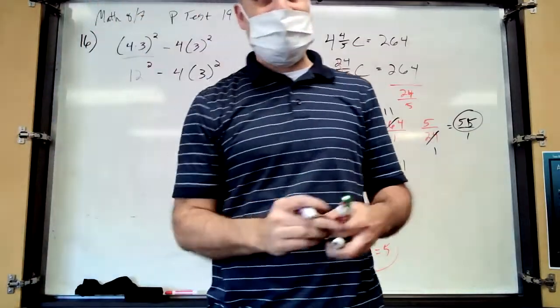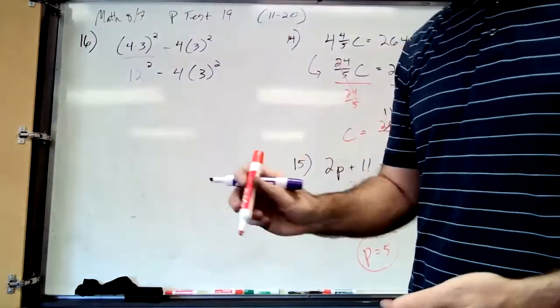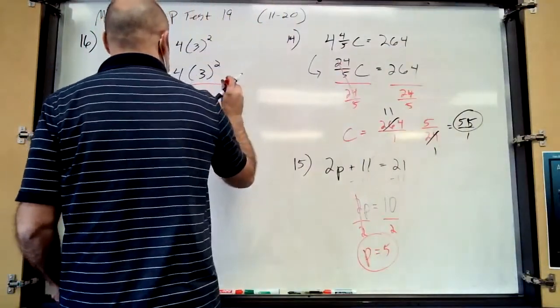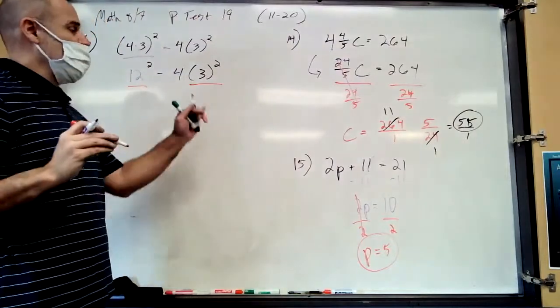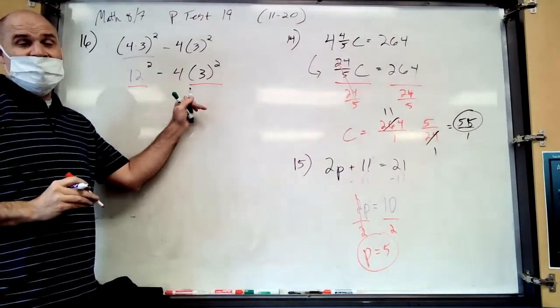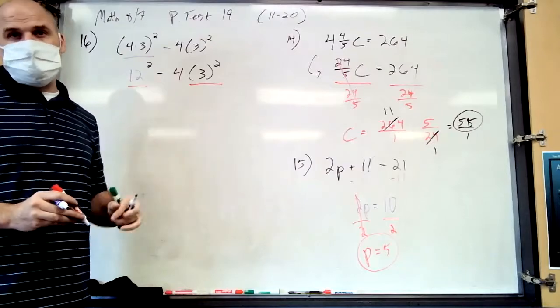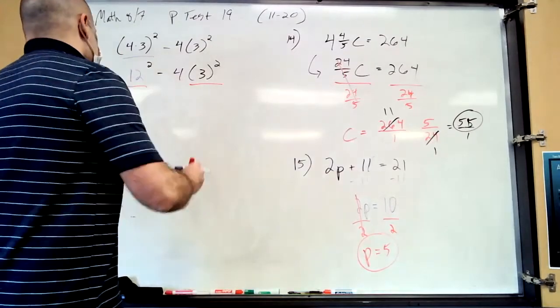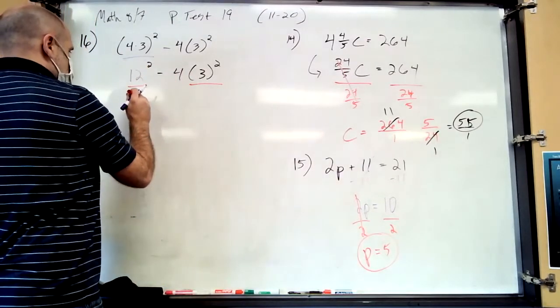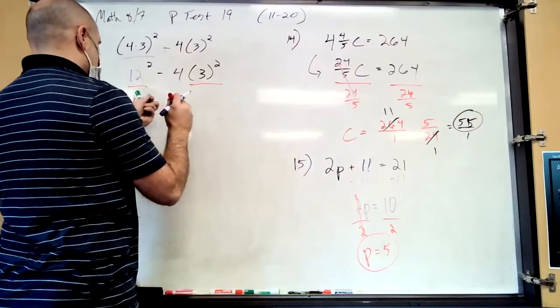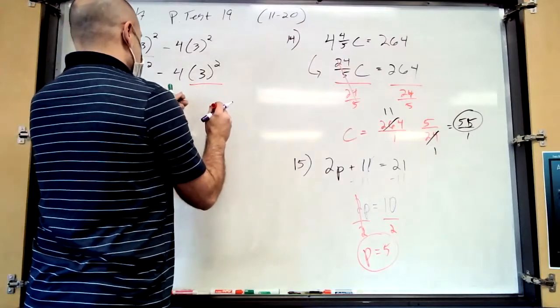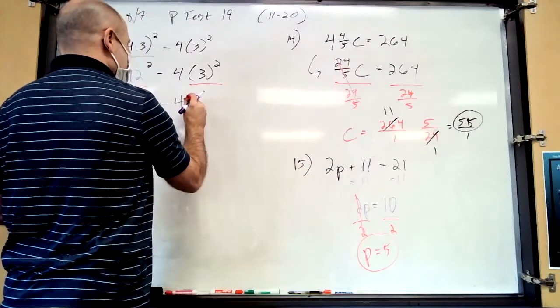Now what do we do next? Exponents. Now we do this exponent and this exponent, right? Don't multiply first. This is not 12 squared. If you mess this up, it'll be right there. Don't do it. This is 12 squared. This is 144 minus 4 times 9, right?